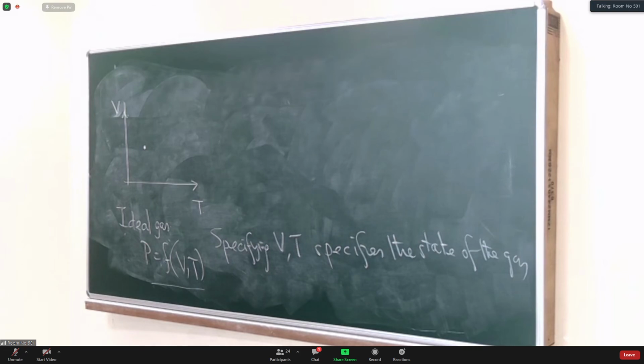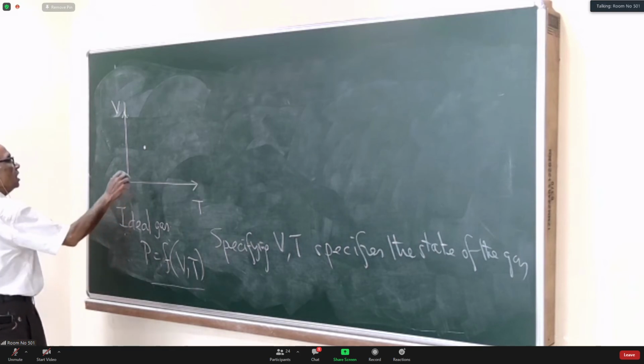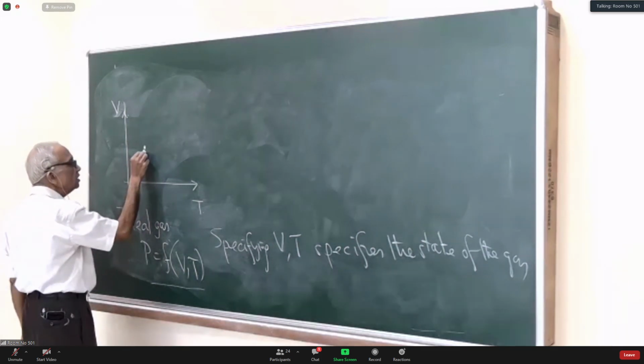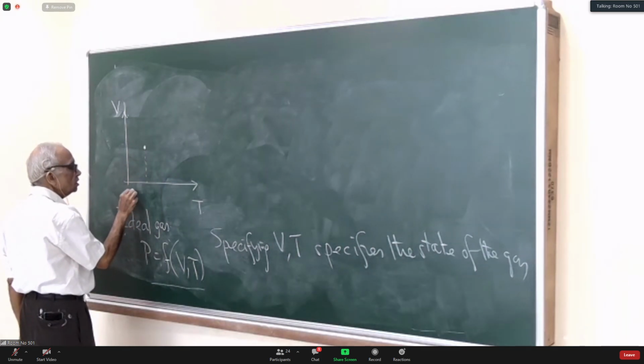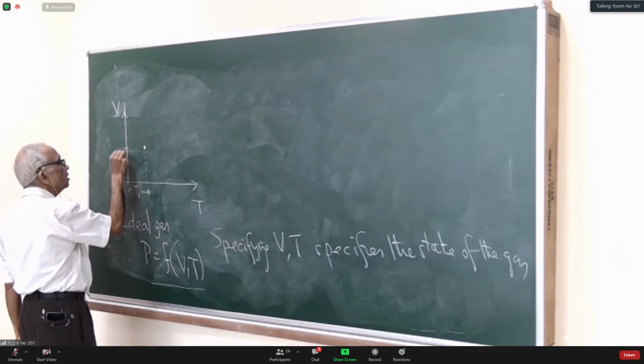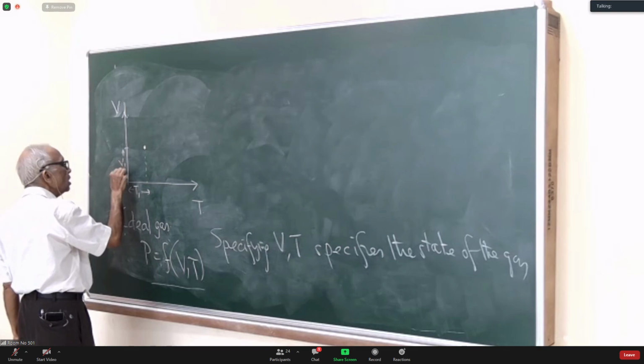So let's say I have this one where it is, this is T1, and this is, let's say, V1.